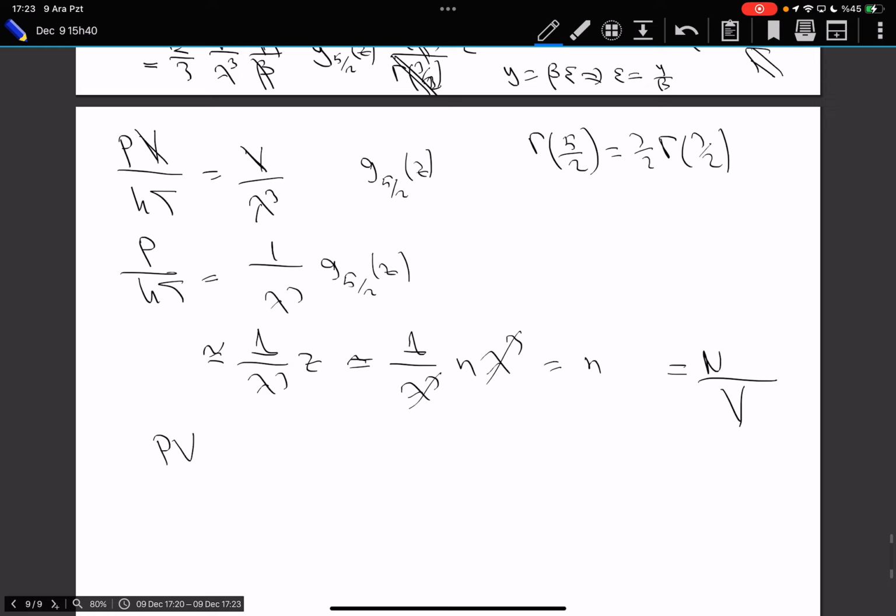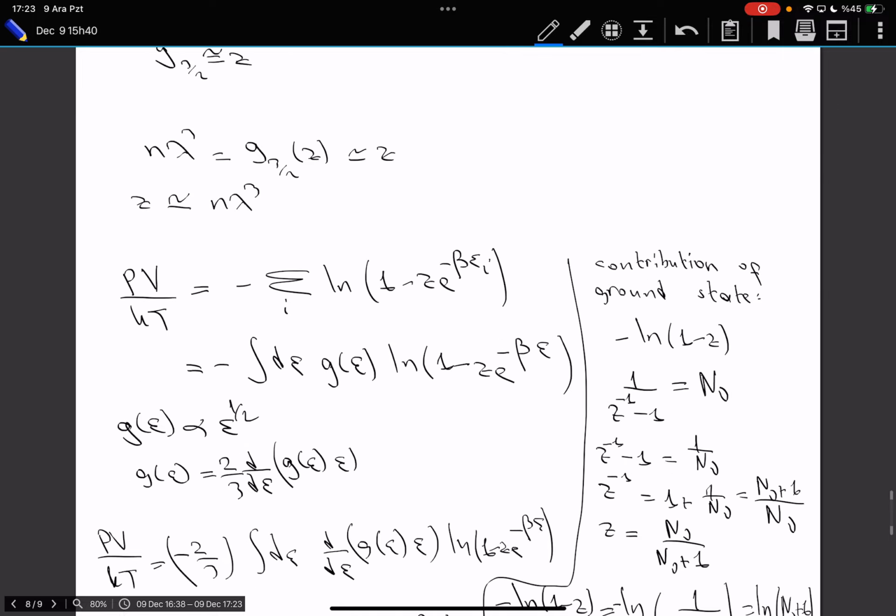So we have PV is equal to NKT. So we did recover the ideal gas law for the Maxwell-Boltzmann case.